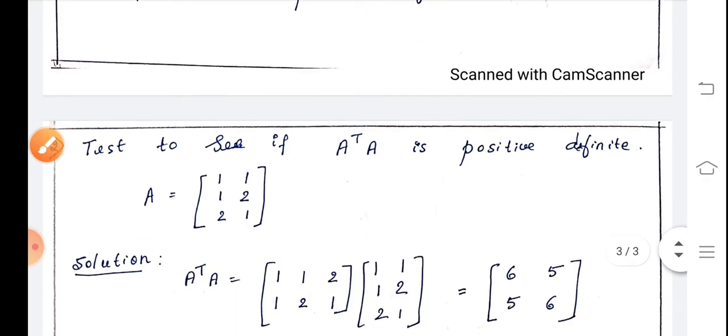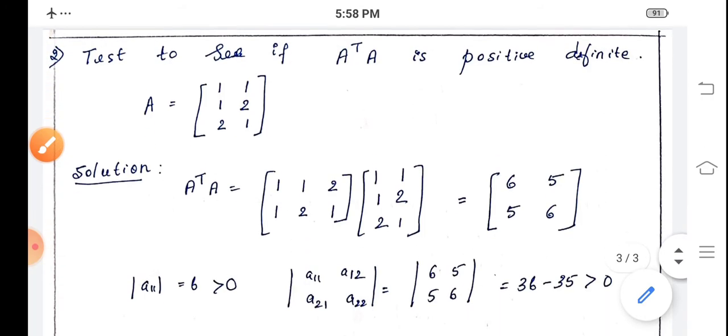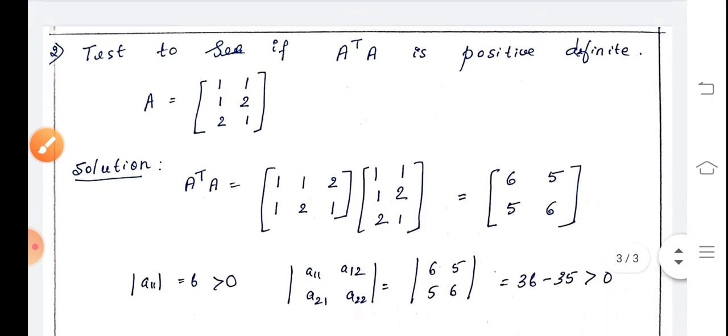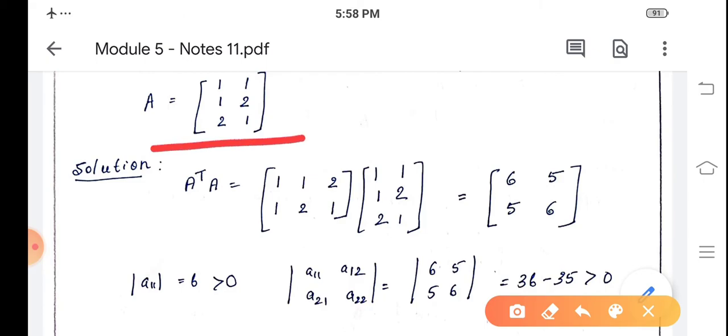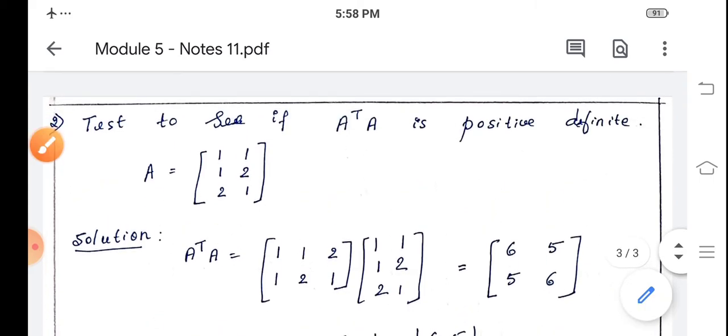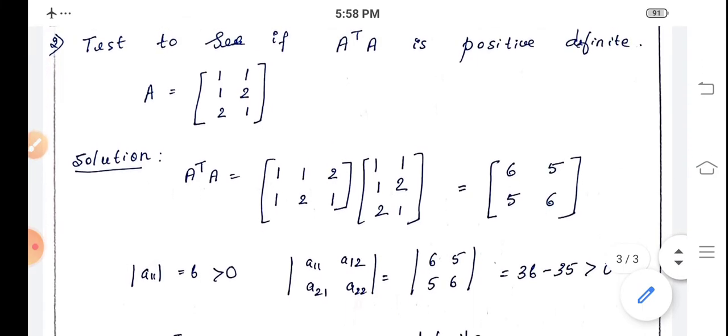Let us work out one more problem, that is question number 2. Test to see if A transpose A is positive definite. The given matrix A is first row 1 1, second row 1 2, third row 2 1. So we have to test A transpose A for positive definiteness.